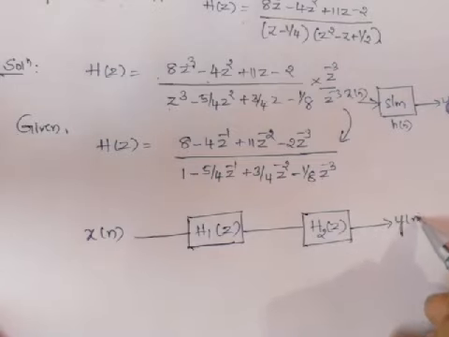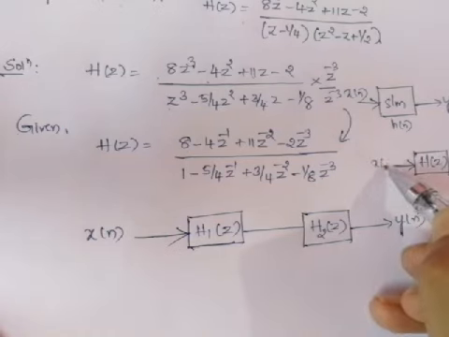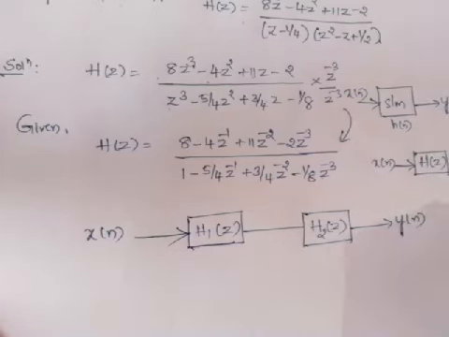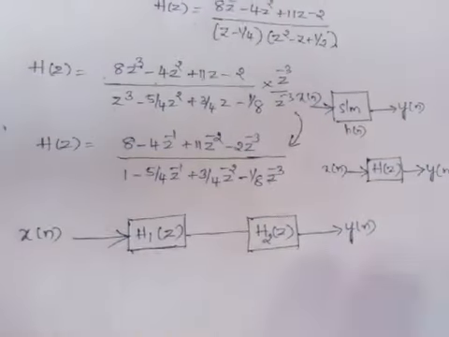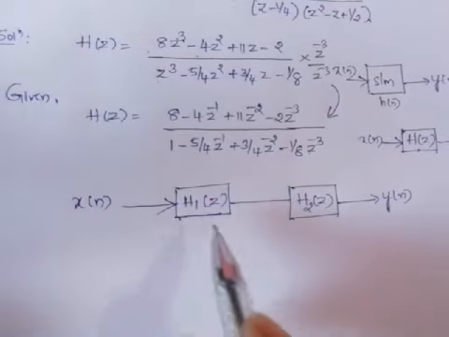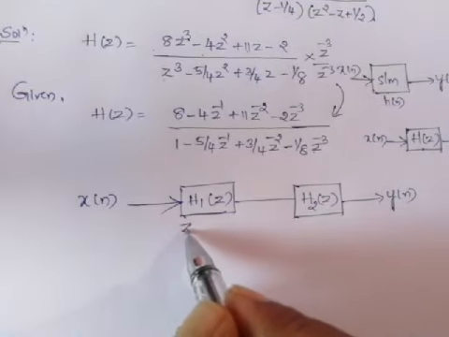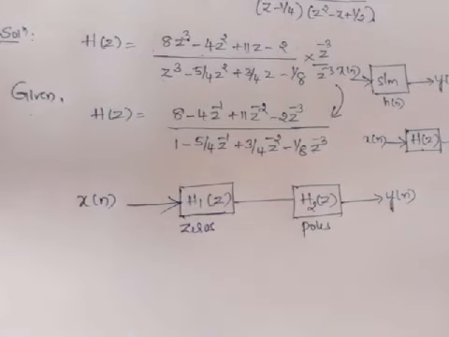The input and output remain the same. Here H(z) is the given system function, x of n is the input and y of n is the output. That system function I split in terms of zero system and pole system.